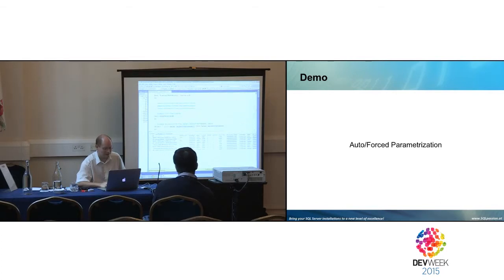Show you here another thing. What I'm doing here, I create a copy of the sales order header table. And I create on the customer ID column a non-clustered index, and I'm changing the data distribution.